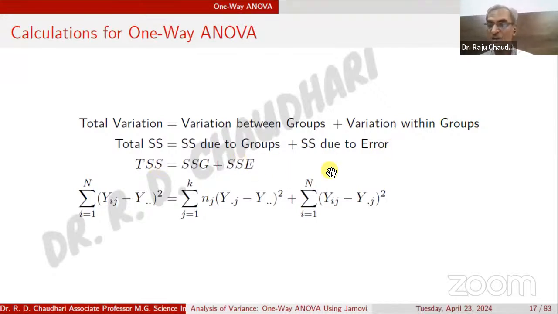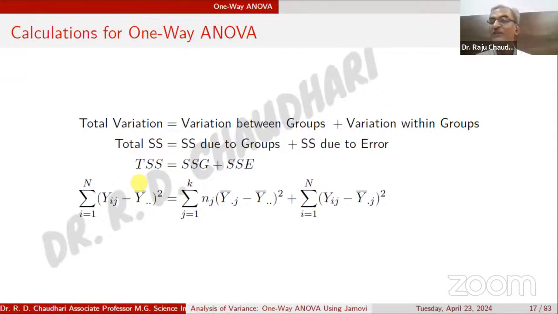So in short, according to Professor R.A. Fisher, total variation is classified into two components. SSG is due to assignable causes, SSE is due to chance variation or random factors. And these are the formulae to calculate the sum of squares, right?